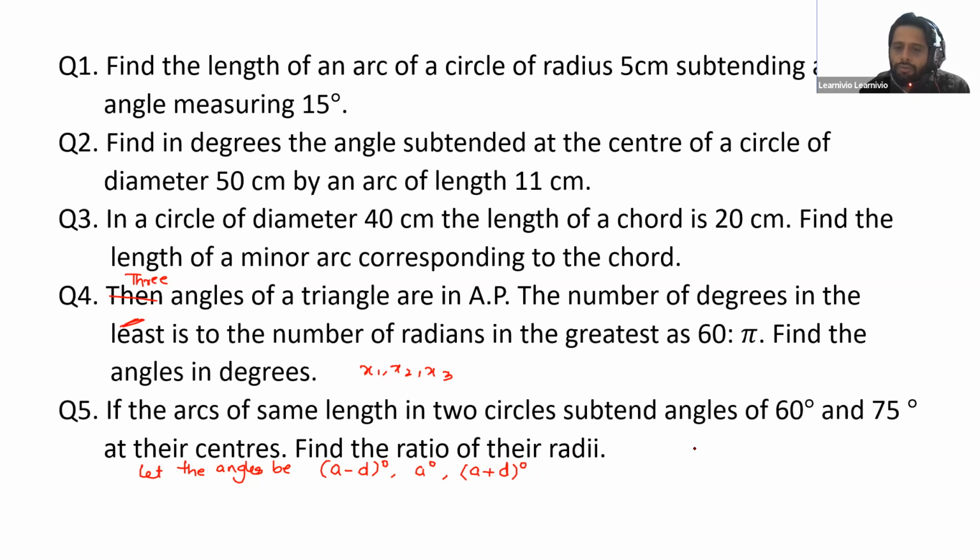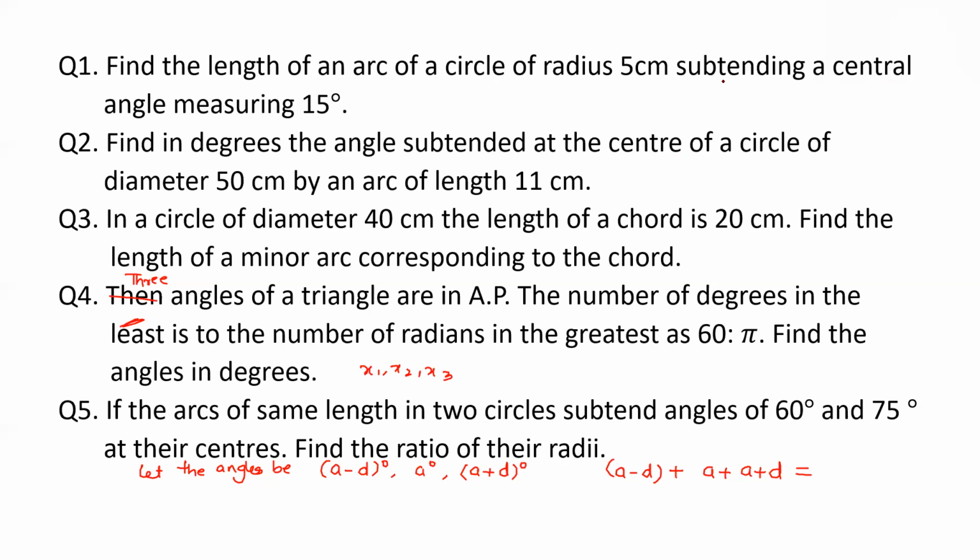Now, we will put the condition which is there, but please tell me that if we add these 3 angles, a minus d plus a plus a plus d, okay, then what will be the result? Anyone can tell me, if we are adding the 3 angles of a triangle, what will be the answer? Sum of 3 angles, 180.